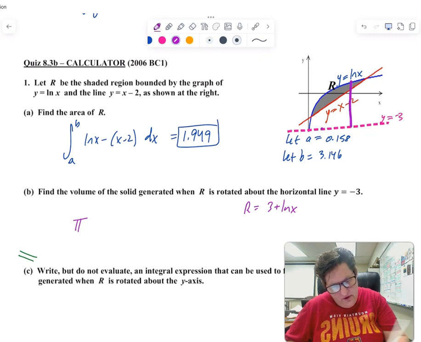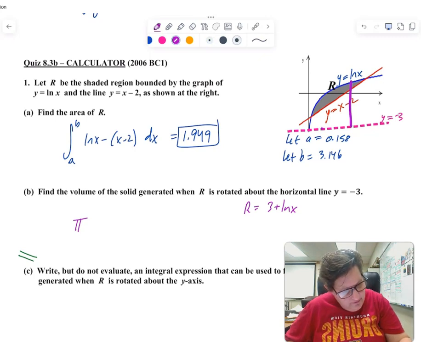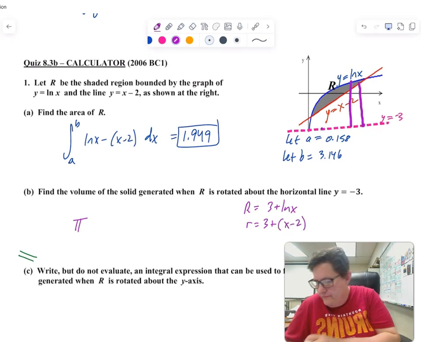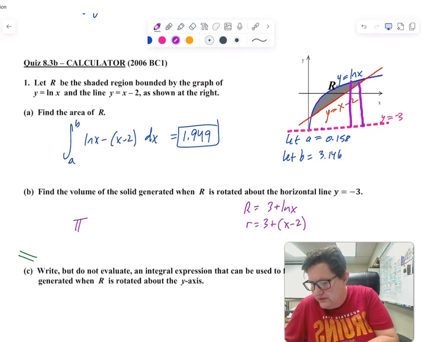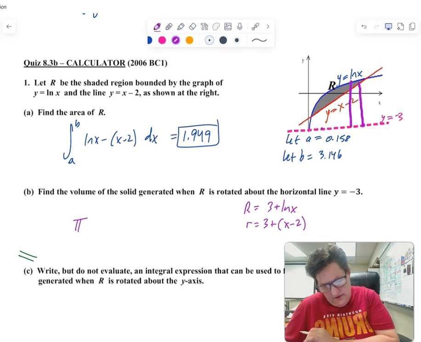And then the inner radius, I'm going to do it on the positive side just so I don't get confused, goes to there. So it's 3 plus x minus 2. Okay, so it's just like 3 plus on both of those. Let's see here.